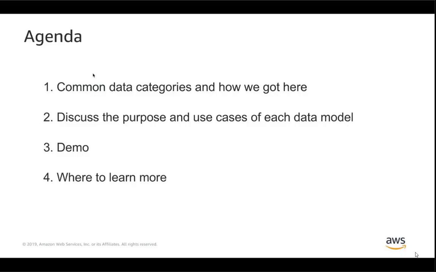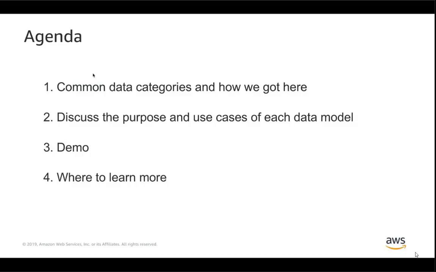The purpose of today's talk is to provide a broad overview so that you can understand how these different data models relate to each other, and the purpose and use cases for each. Then, to have some fun, we're going to tie together some of these concepts with a demo. And before we leave, we're going to point you to more places where you can learn more about each individual database or go a little deeper than what we talked about today.